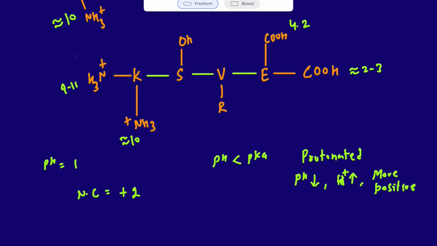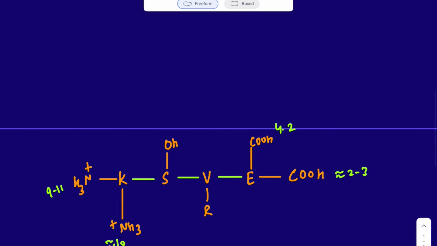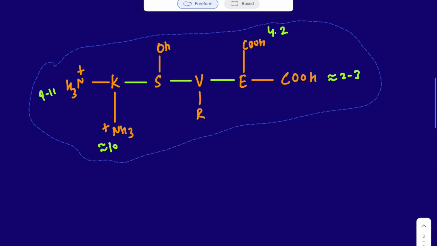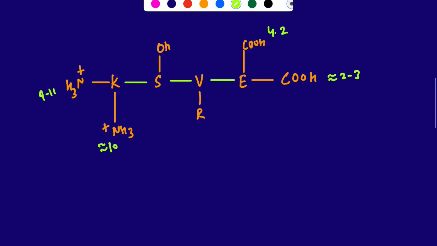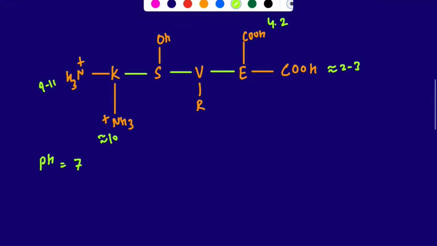All right, let's look at maybe another range. I'm just going to copy this down here. Maybe I can say a pH of, let's say, 7. When the pH is 7, I have these groups right there with a pKa of anywhere between 2 to 3 and a pKa of 4.2.